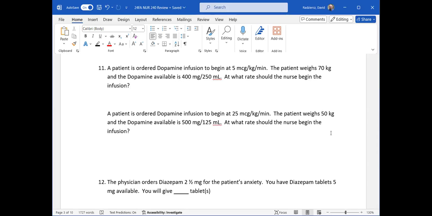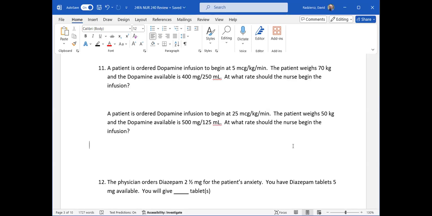But my strategy always, when I have a weight-based calculation that I'm working with, is I want to account for the patient's weight. So the patient's weight is 50. Okay. And then I have to factor that weight into this 25 micrograms per kilogram per minute. So step one for me is I'm going to do 50 times 25 so I can have that taken care of, and then it's one less thing I'm worrying about as I solve some of these problems.